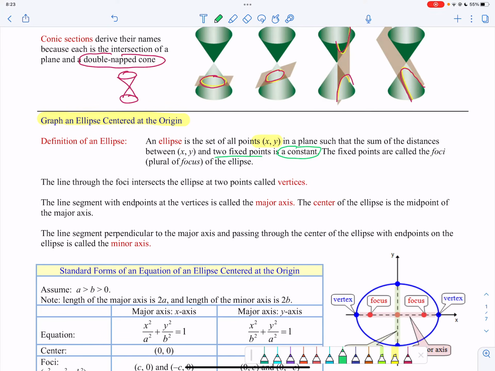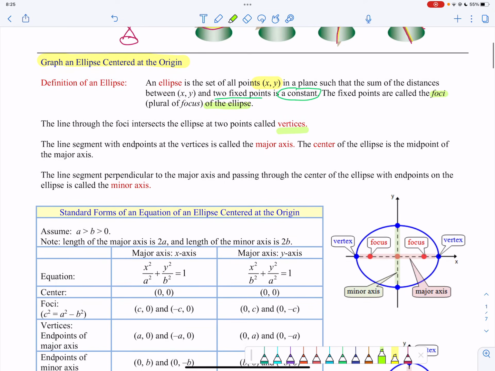These fixed points are called the foci, which is the plural of focus, and those are the foci of the ellipse. Now, the line through the foci intersects the ellipse at 2 points called the vertices, and the line segment with endpoints at the vertices is called the major axis.